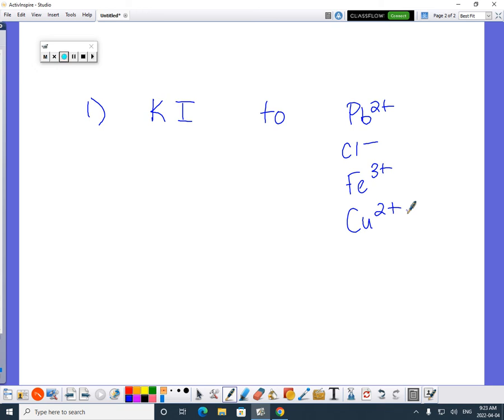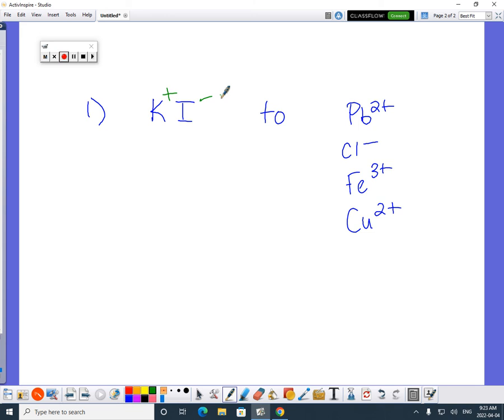So when you have the ionic compound you're adding, all of them are ionic compounds, so the first thing in the formula is the cation, and the second thing will be the anion. So what you're checking is if this ion is a metal, it's already positive. Is this going to go with potassium? No, because it's already positive.